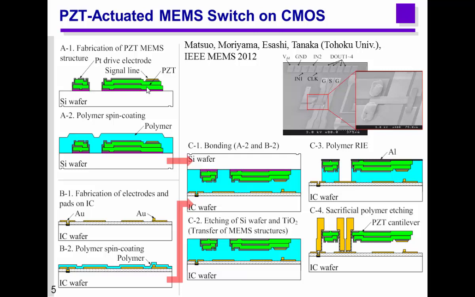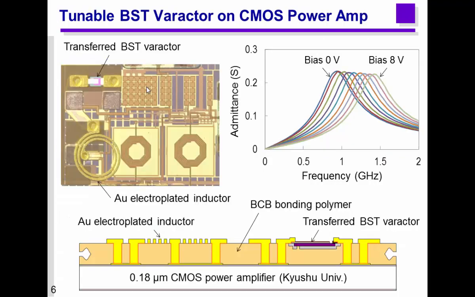And then the PZT structure and LSI was connected by the gold electroplating, and finally the blue part, the polymer, was removed to release the PZT actuator. And this kind of method is versatile, can be applied to different kinds of materials.